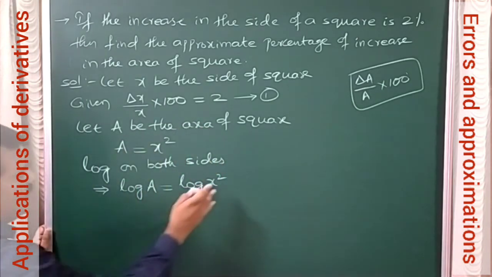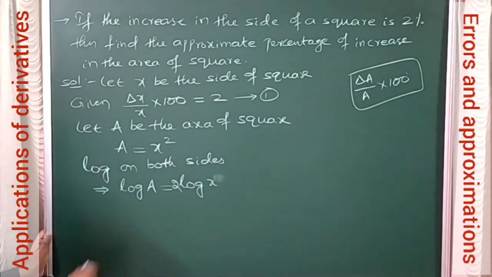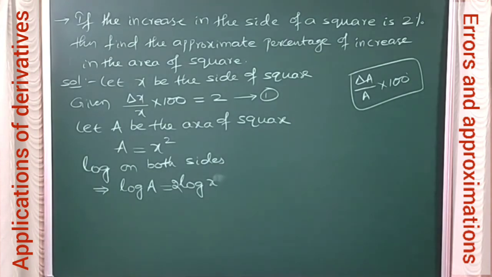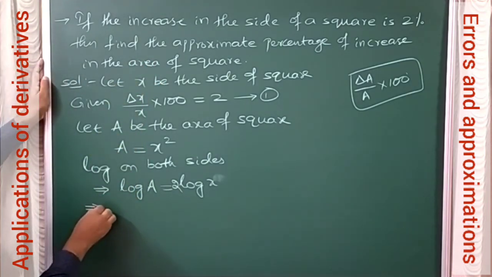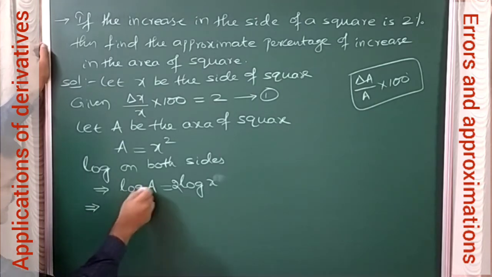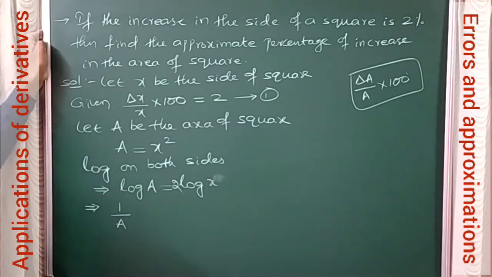Now log x square you can write as 2 log x. Now differentiating this with respect to x, we will get like this. See, log A derivative is 1 by A into derivative of A.